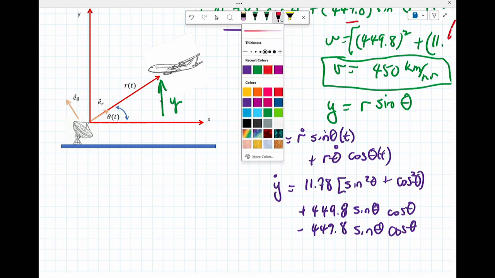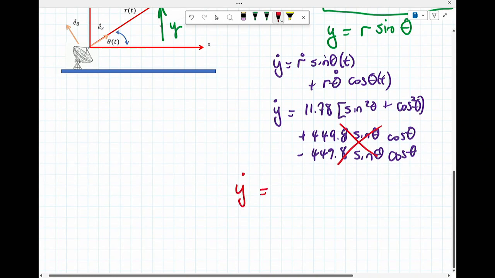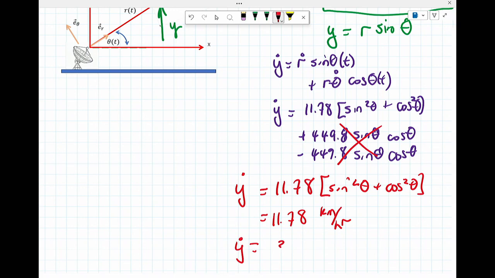So that term goes away, and y dot is equal to 11.78 times sine squared theta plus cos squared theta, which will equal 11.78 kilometers an hour. And it's positive, so y dot, after I do all of the conversions, is 3.27 meters per second, and it's going upwards. So again, a nice problem for looking at axis conversion.